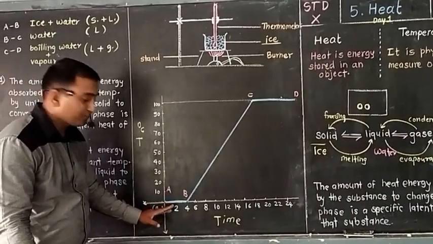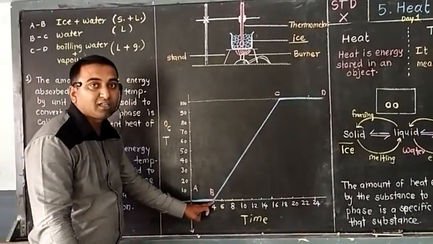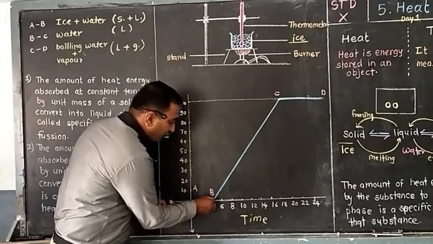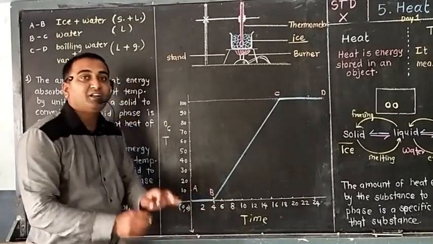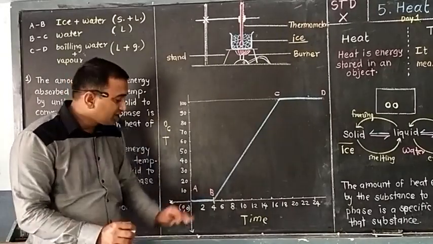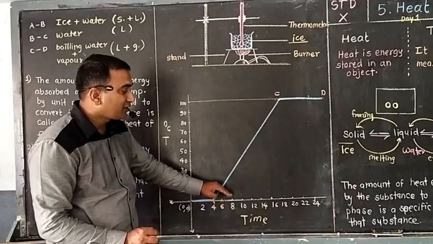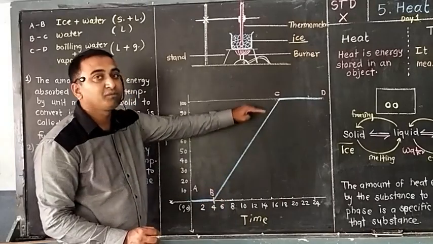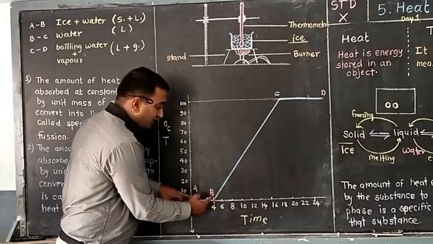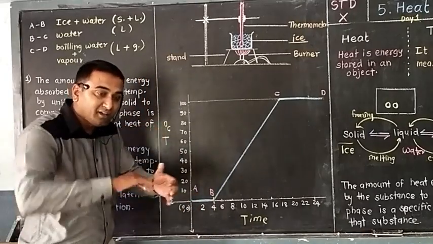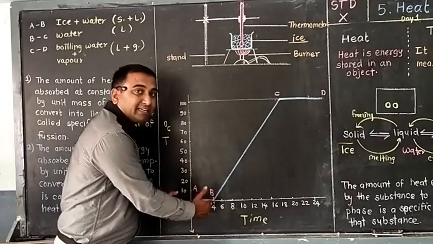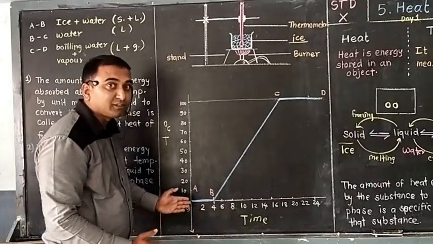So at point B, total ice has converted into water, and from point B, when total ice has converted into liquid, that is water, the temperature started to increase. So here at constant temperature, that material has absorbed heat to change the phase. So what is this one? This is the latent heat of fusion.